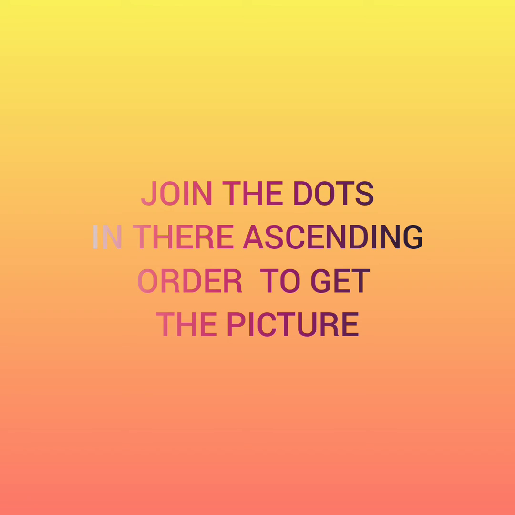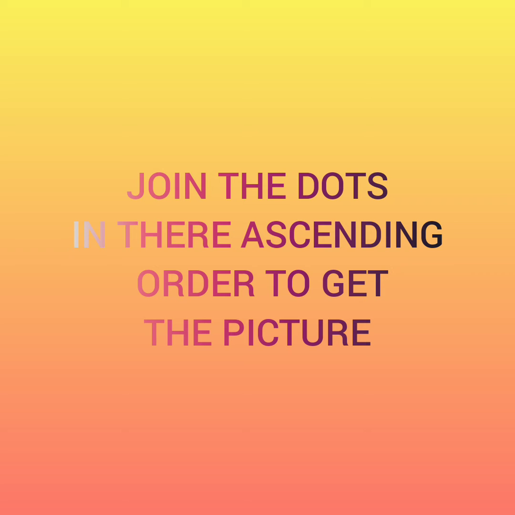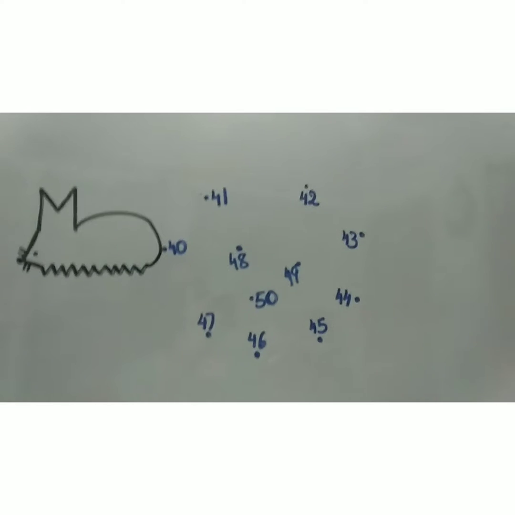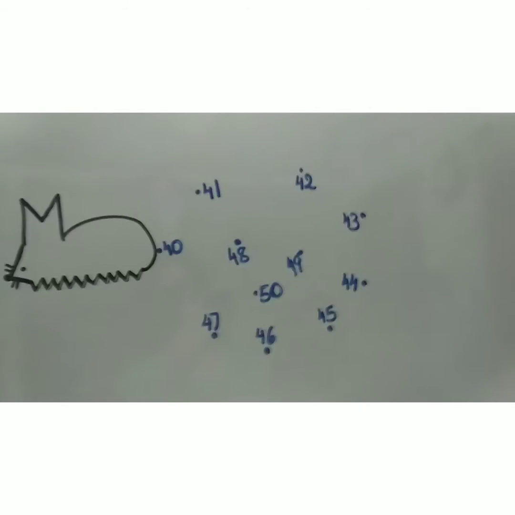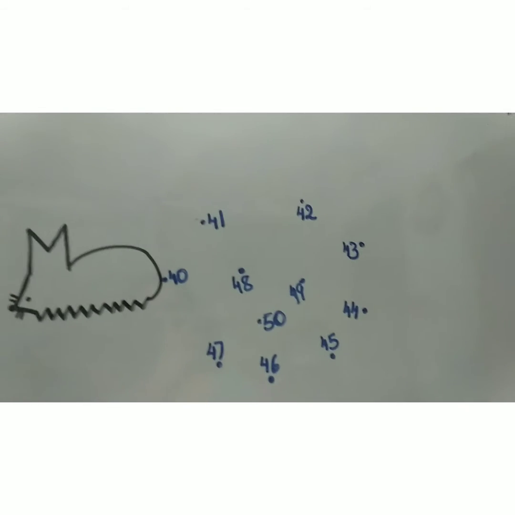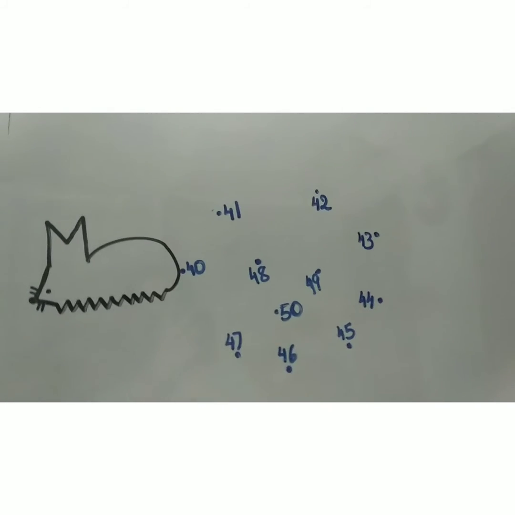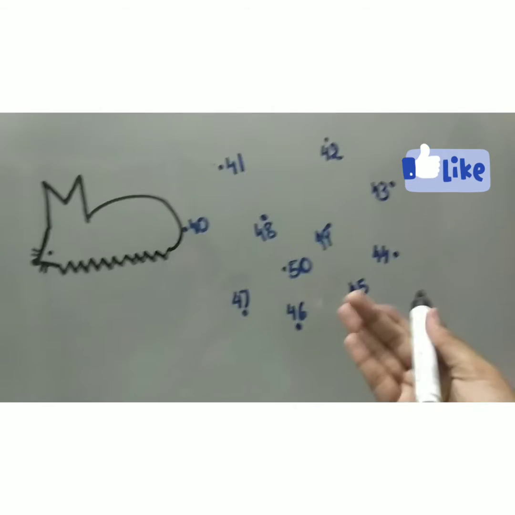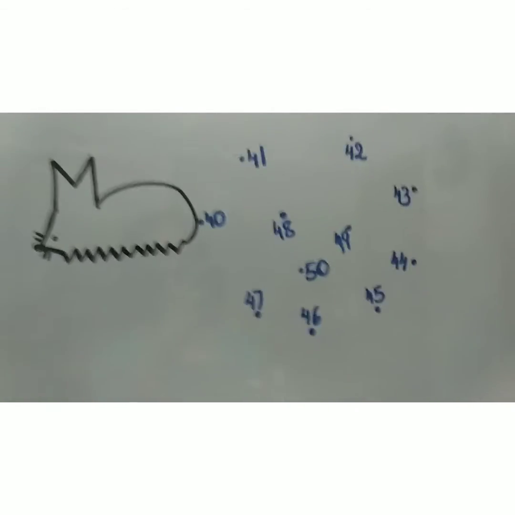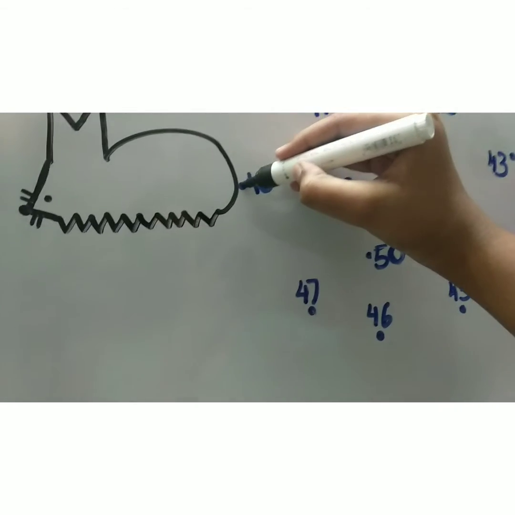Join the dots in their ascending order to get the picture. Students, let us join the dots and make a tail for mouse. So let's start.